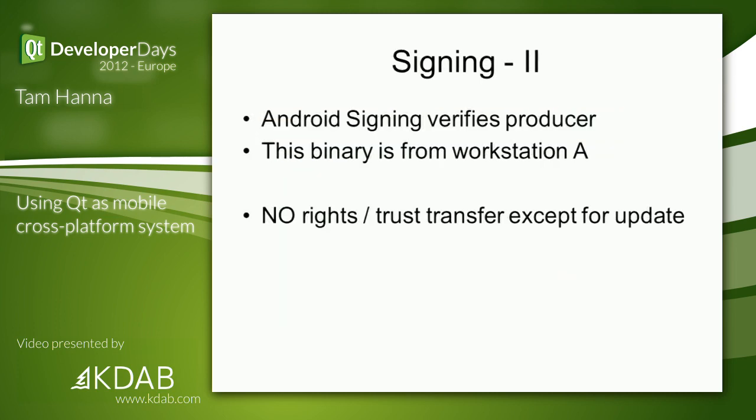For Android applications, the signing only verifies the producer. So for example, I can say this application was produced by this guy here and not by that guy. But there is no other transfer of rights or trust between vendor, operating system, and so on.